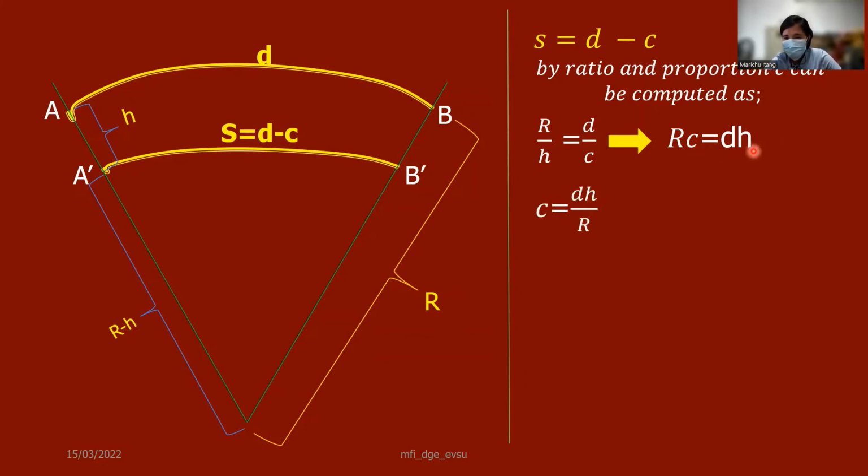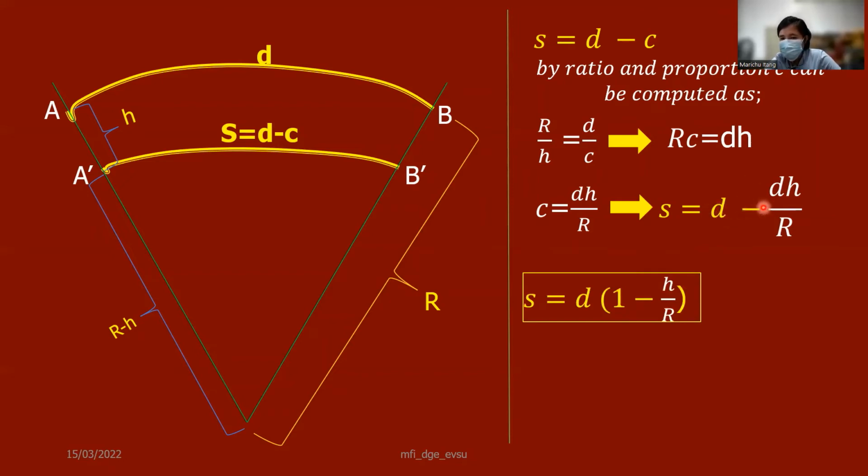Since we divide this one by R on both sides, then we substitute our C to our original equation, which is S equals D minus C. So this C here will become DH over R. Okay, so this will become S equals D minus DH over R. Then we can simplify this one further since merong D dito and then we have D. Then take out natin, ilalabas natin yung D. And then remaining will be 1 minus H over R. So this will be now our working equation if we are going to reduce our measured distance into a sea level na length.